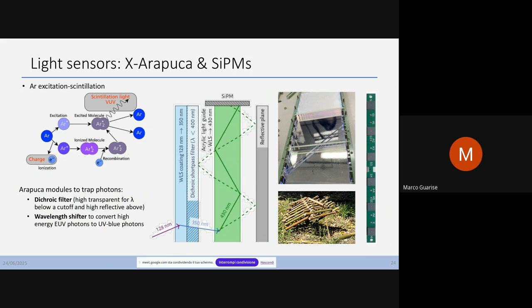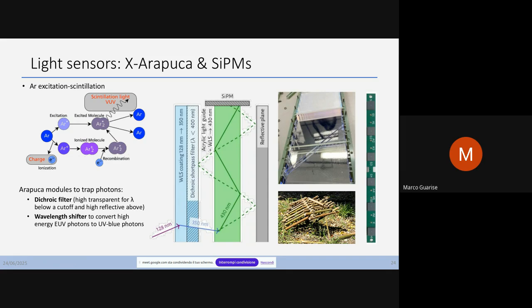Then we have a dichroic filter here, so this light can pass and reach this other wavelength shifter that converts again to 430 nanometers. But these photons cannot escape because of the dichroic filter, so they are reflected, and after many reflections, they finally reach a silicon photomultiplier, which is the core of our photodetector modules.